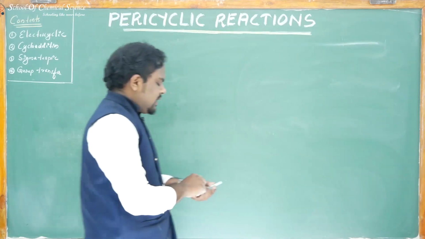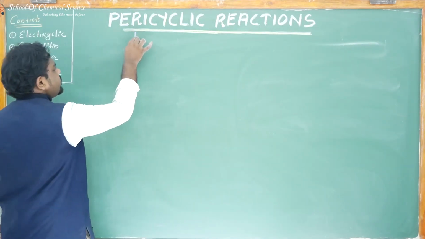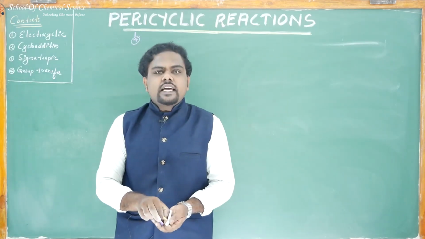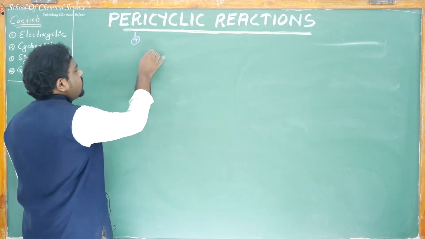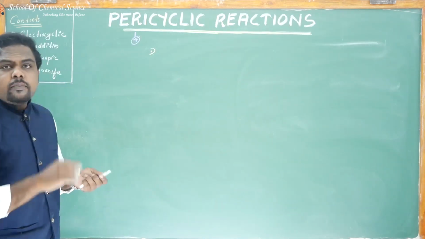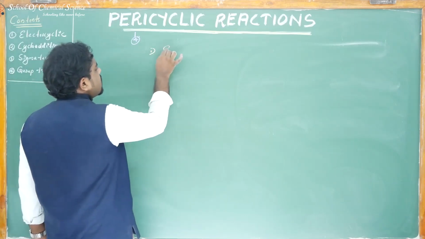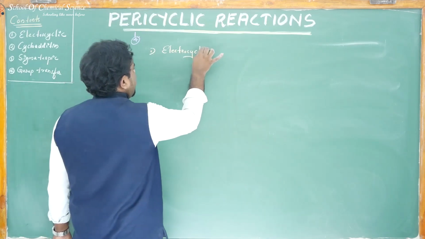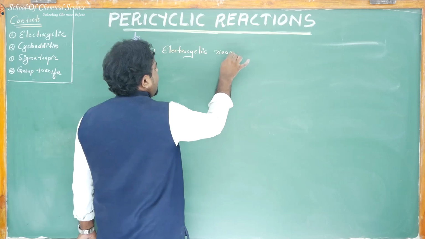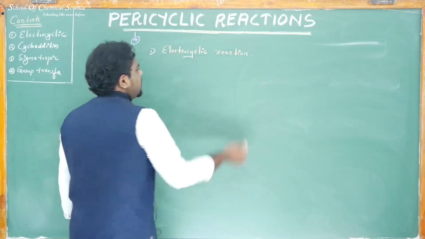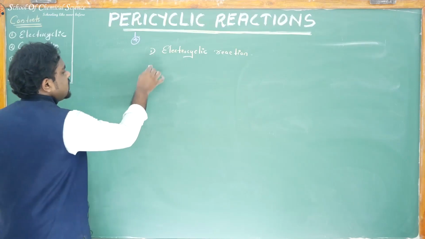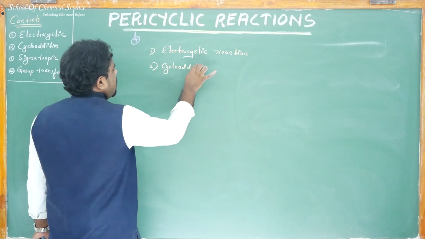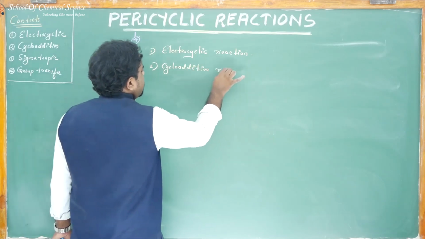So, pericyclic reactions are of 4 types. From your exam point of view, we have to discuss 4 types of pericyclic reaction. First one, electrocyclic reaction. Second one, cycloaddition reaction.